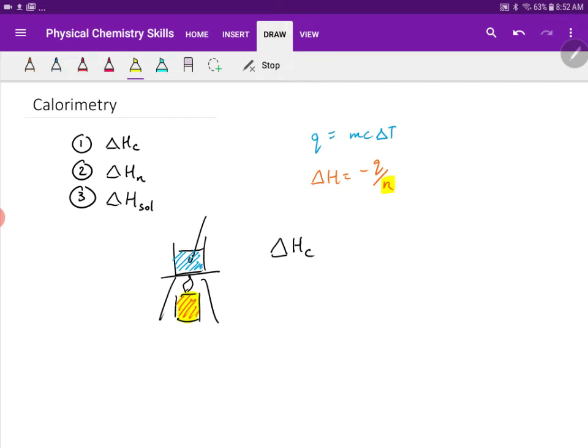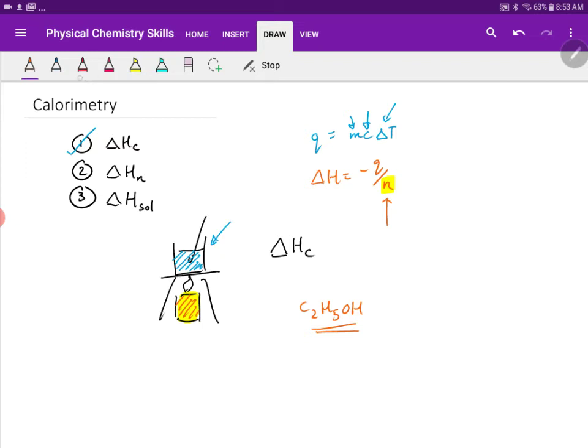Right, so we want the amount of this fuel that we have been using in this case. So for example, if we are using ethanol, C2H5OH, we want the amount of C2H5OH for this value of N, whereas delta T is the temperature change of this water, and of course C and M are also the specific heat capacity and mass of this solution. Right, so this is the first example, which is our delta HC.